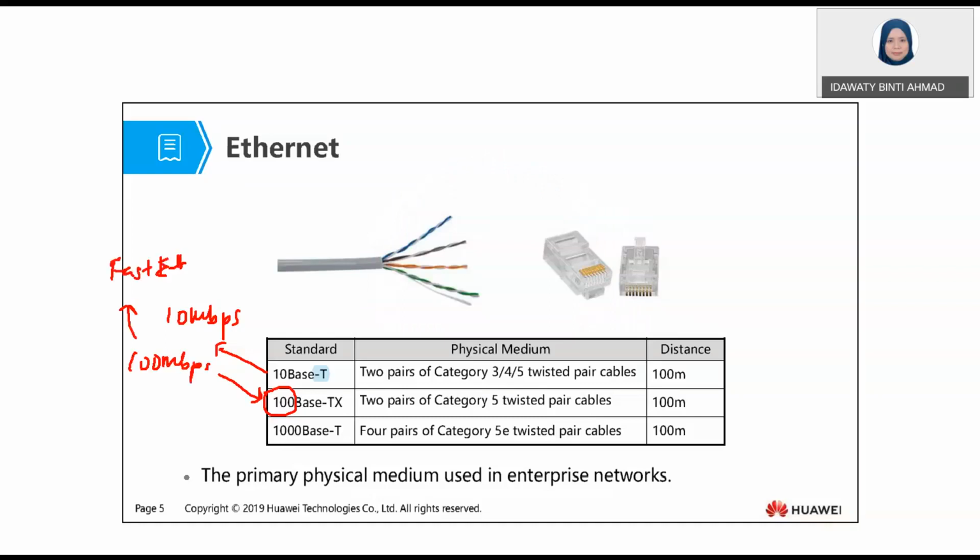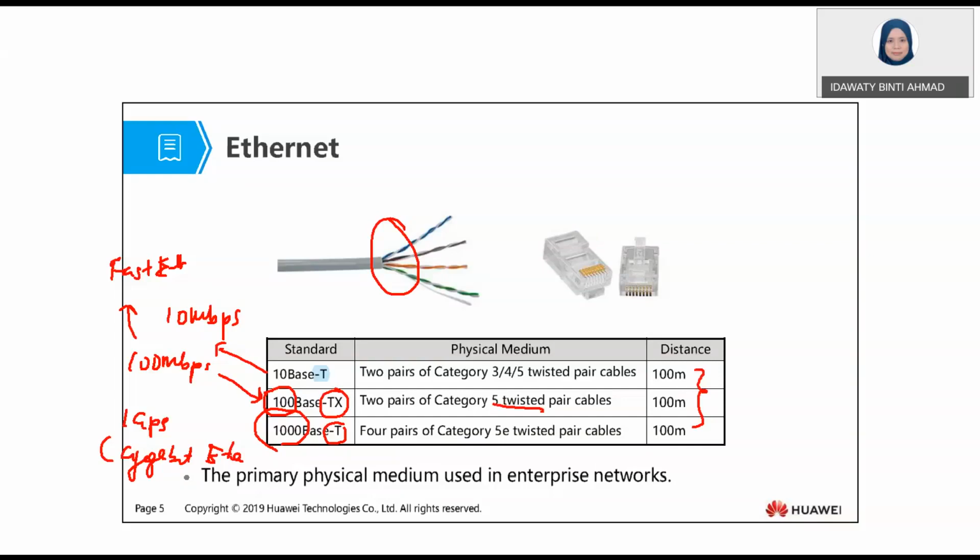And 1000 here means 1 gig per second, this refers to gigabit Ethernet. And TX here is twisted. All twisted pair cables are twisted like this, and the distance is 100 meters.